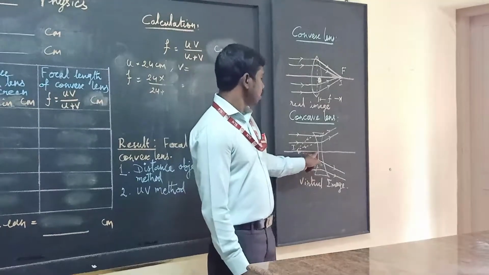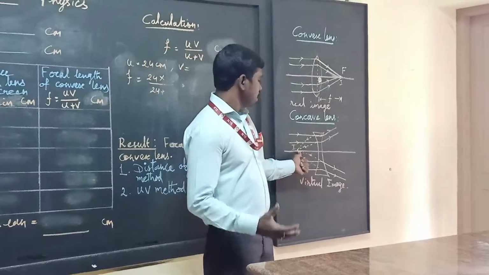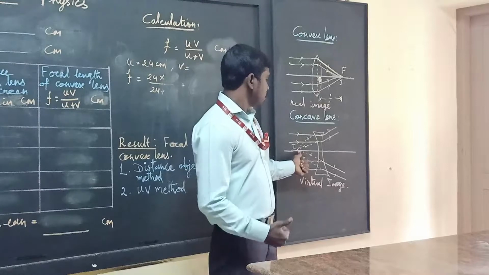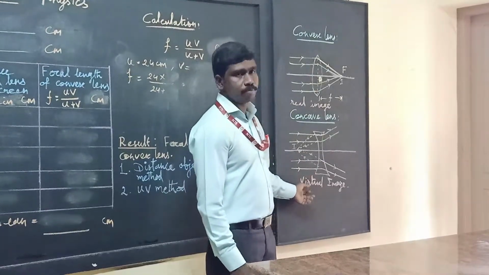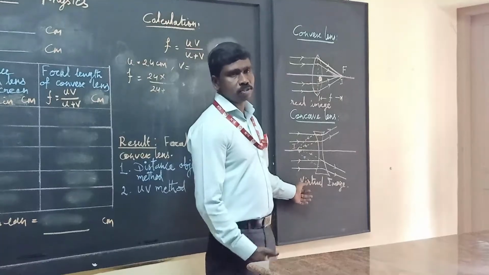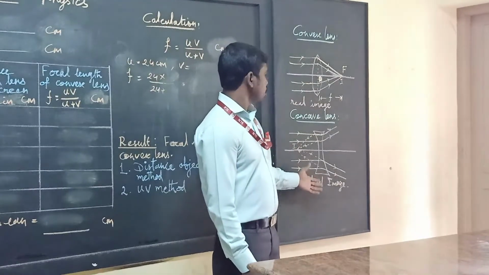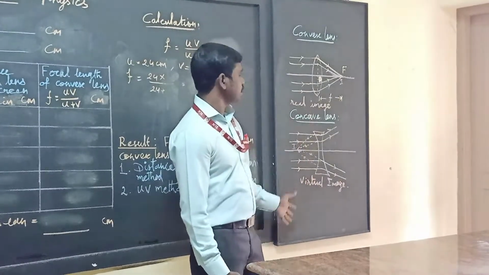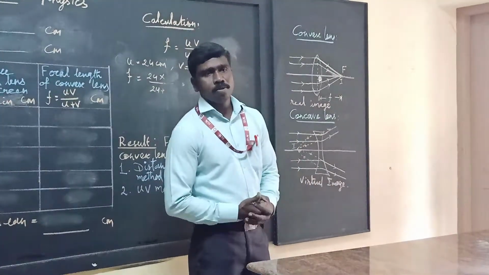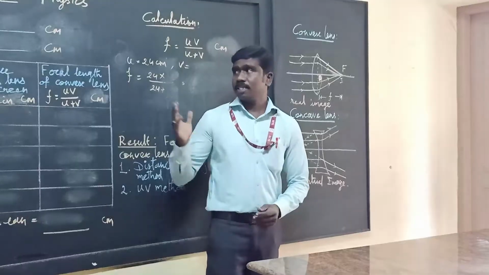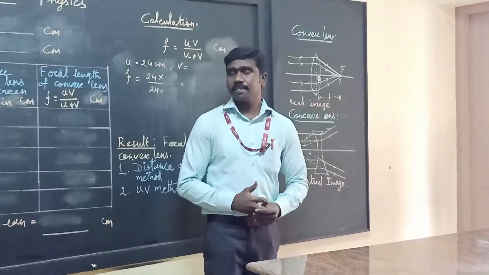From the concave lens, we collect an image in front of the lens. Such images are called virtual images. So these are all the information we need to know. We can easily do this experiment, determination of focal length of a convex lens.